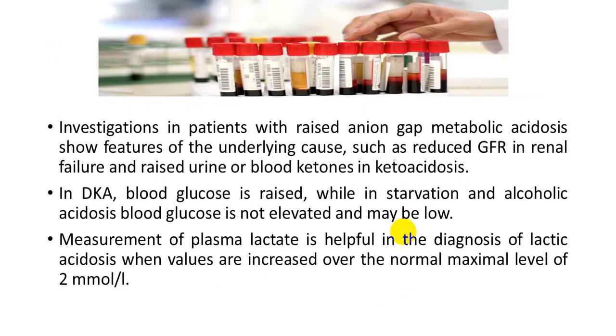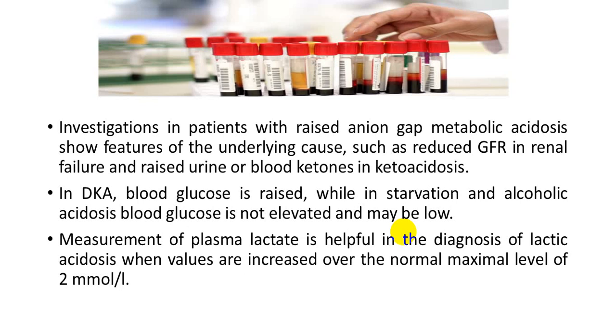In patients with raised anion gap metabolic acidosis, features of the underlying cause are shown, such as reduced GFR, that is glomerular filtration rate, in kidney failure, and raised urine or blood ketones in ketoacidosis.